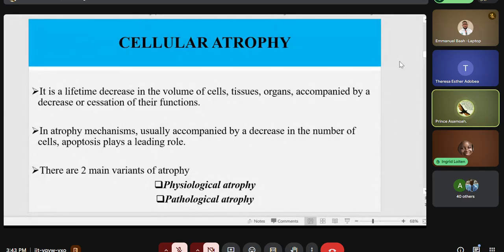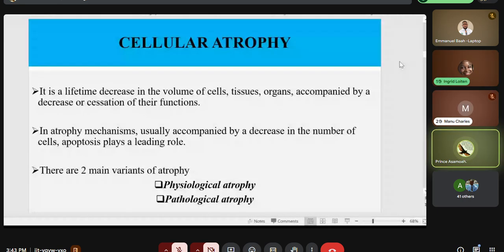Sometimes it can be genetic. Sometimes the lifespan of the cells in the penis, if they are supposed to last maybe for 3 or 4 months, can be genetically shorter, dying faster and causing shrinking. So a lot of things can cause it, but whatever it is, once it is shrinking, it is atrophy.